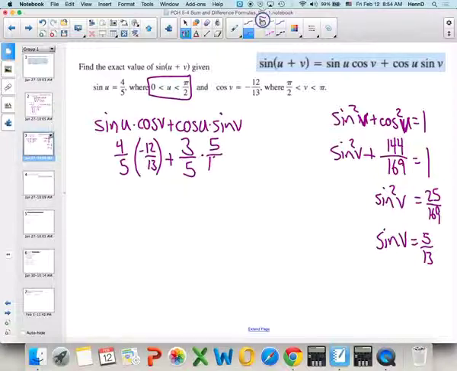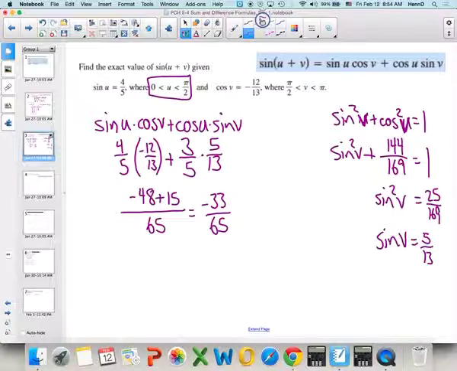Alright, so we plug that in. We've got 5/13. Don't forget you can reduce before you multiply if you want. We could cross out the 5s, although leaving the 5 there gives us a common denominator of 65, so I'm not going to reduce. I have -48 plus 15 over 65, which is -33/65, and I don't think that reduces, because that's 13 times 5, and 33 is not divisible by 13 or 5.